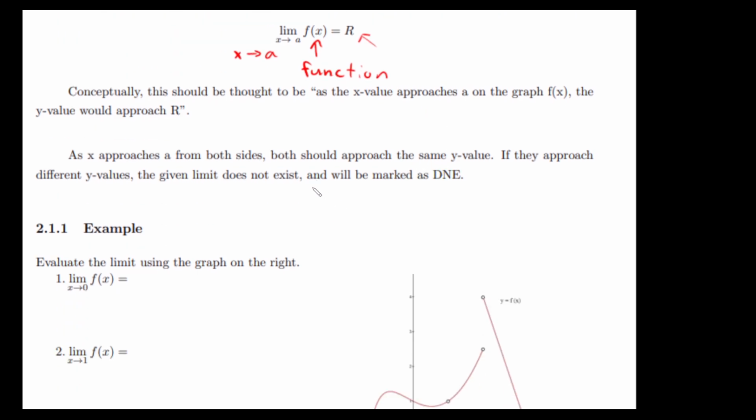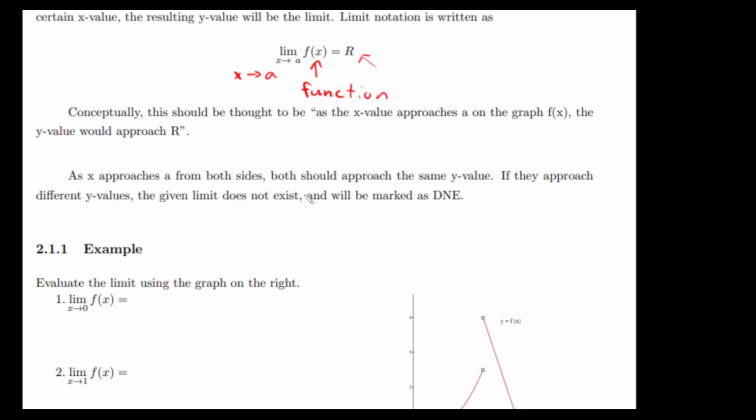Another thing to note is that x has to approach a from both sides. What I mean by both sides is, say we have a parabola, and it needs to approach from the right and the left side. They have to be approaching the same y value. If they don't approach the same y value, then that given limit does not exist, because it goes to different values. So we mark that as DNE.